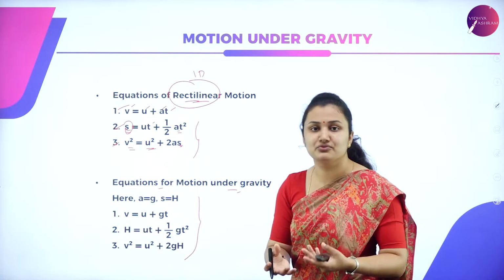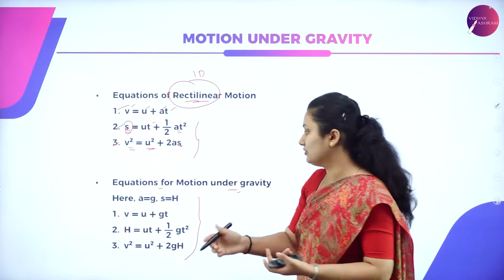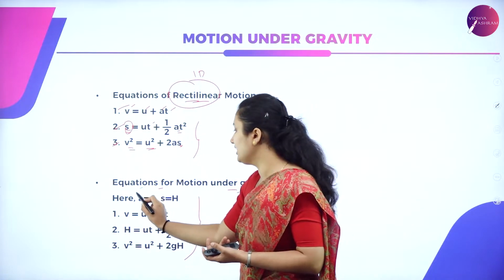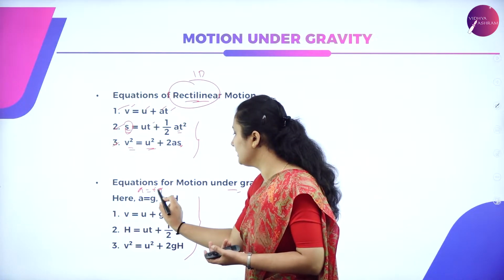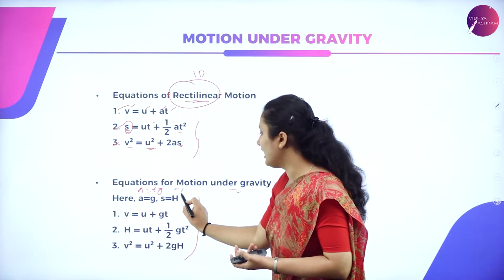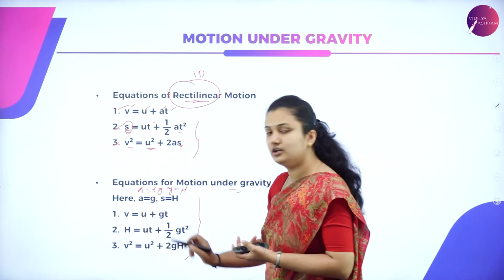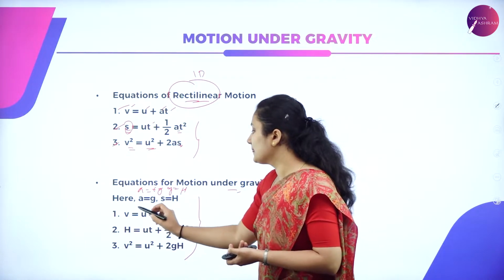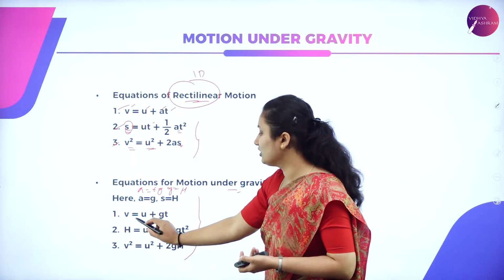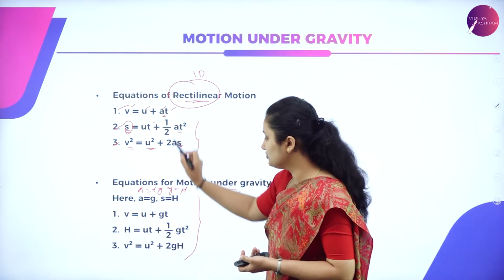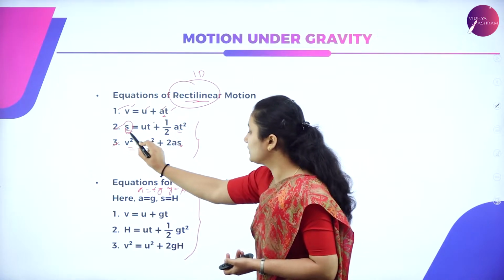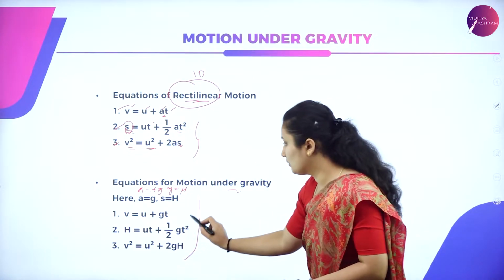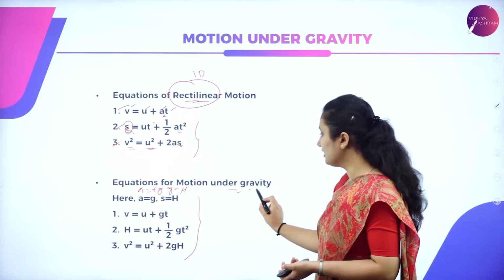We are not applying some force and throwing it upwards. So for a freely falling body, a is equal to plus g and distance is equal to height h, the height of the tower from where we are dropping the ball or the object. You are just replacing a with g and s with h.